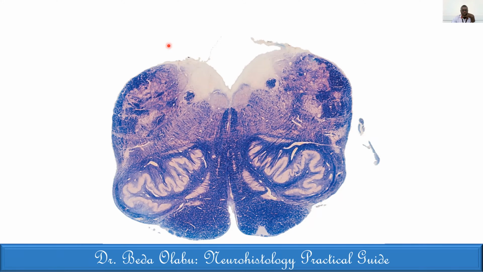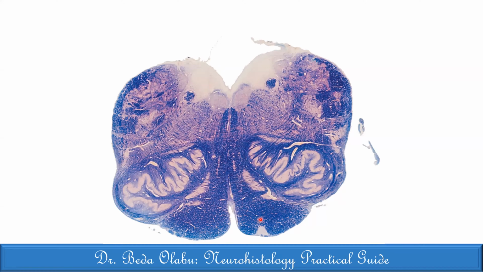Okay. This looks like the lower medulla, which I'll argue is the closed medulla. I'll start anteriorly, ventral, on the lower side of the slide. Those look like the pyramids. They have stained blue because that's how the axons stain.